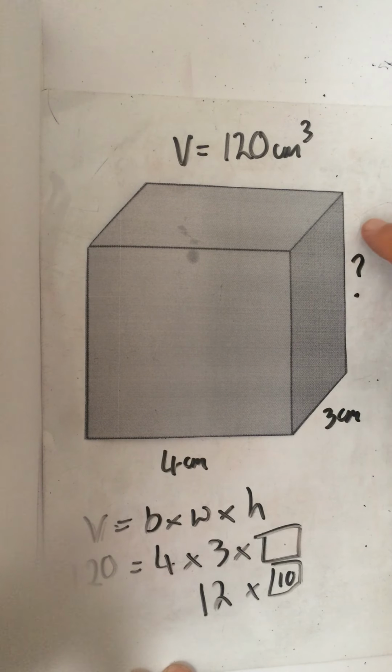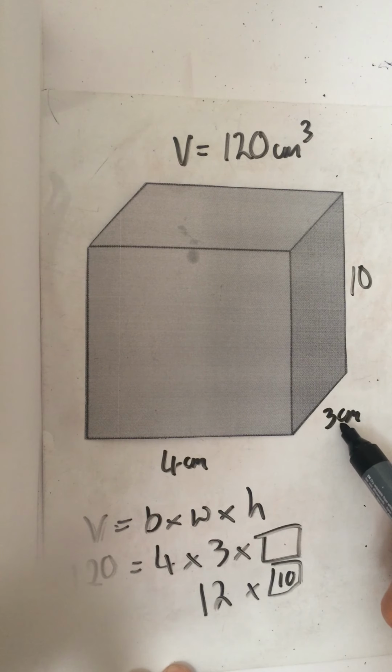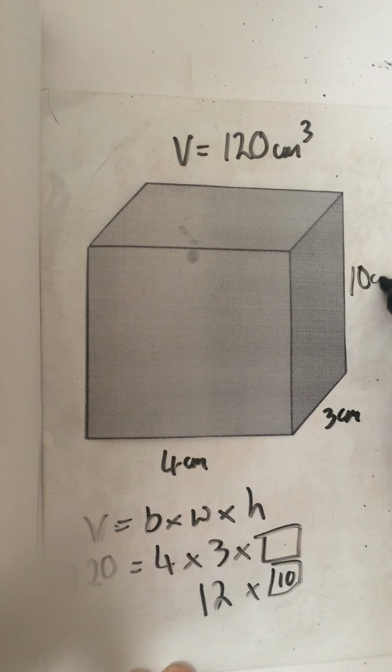Let's just check. 4 times 3 is 12, 12 times 10 centimeters is 120. So the missing one is 10.